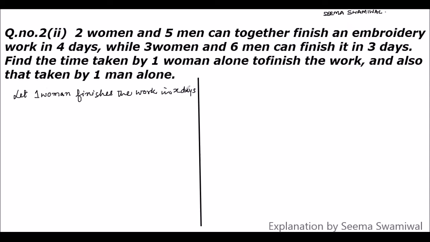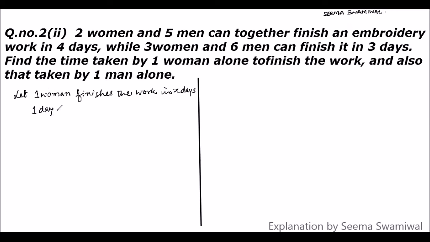As I told you, the key point for such questions is to get the 1 day work of each and every one. If women and men both are employed, you will get the 1 day work of one woman. So in X days, the one woman completes the whole work.